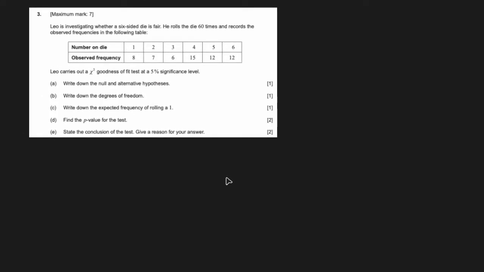Leo is investigating whether a six-sided die is fair. He rolls the die 60 times and he records the observed frequencies as follows. Leo carries out a chi-square goodness of fit test at 5% significance level. Alright, write down the null and alternate hypothesis. So, he is investigating whether the six-sided die is fair.